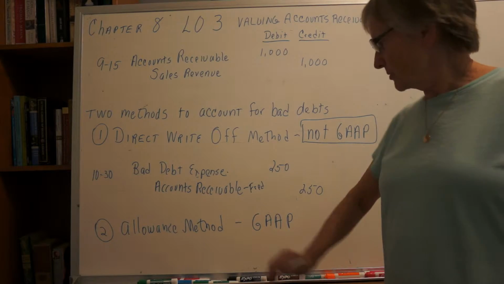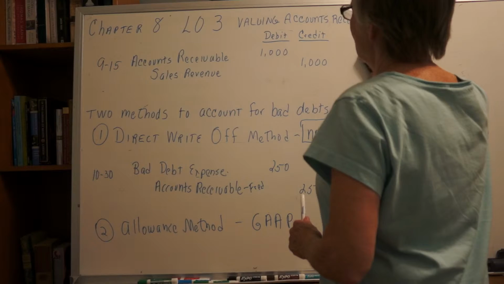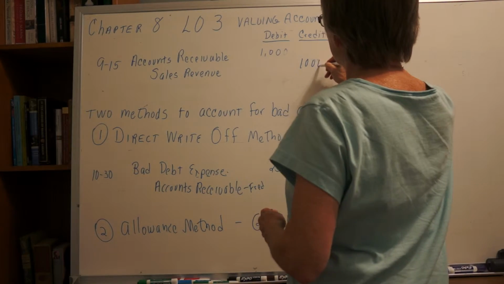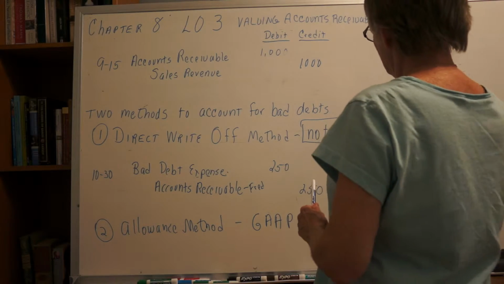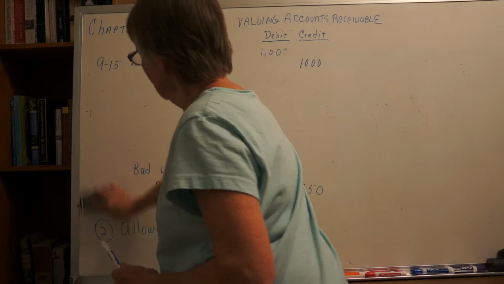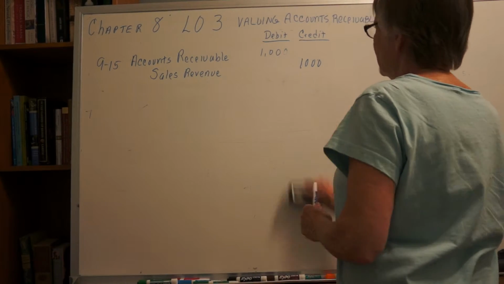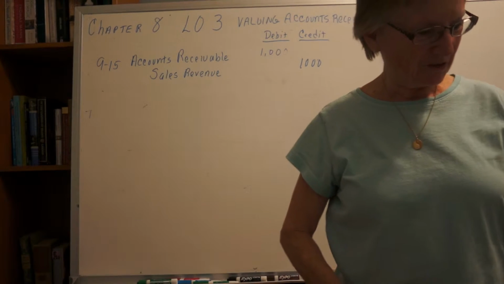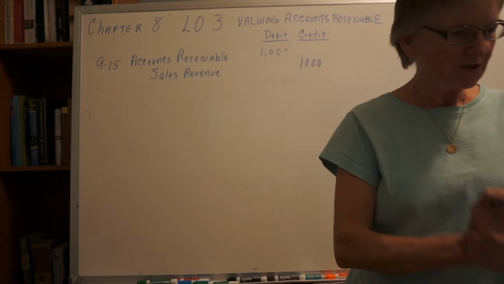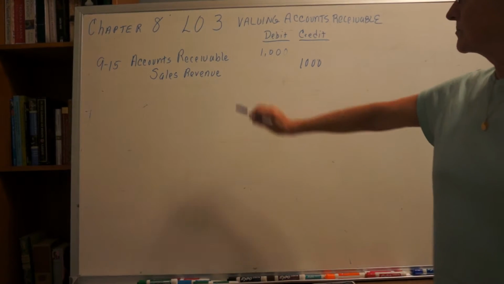Most companies are required to use the allowance method. Okay, so with the allowance method, I think I'll leave this same account receivable up here, but let's go to the allowance method. Now the allowance method is GAAP. So under the allowance method, we're going to take that same sale on account.